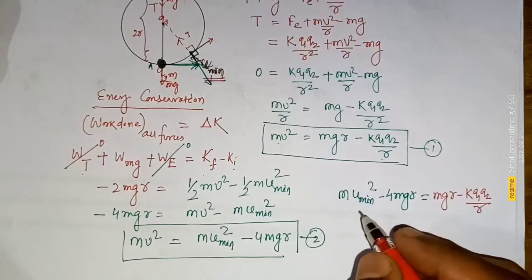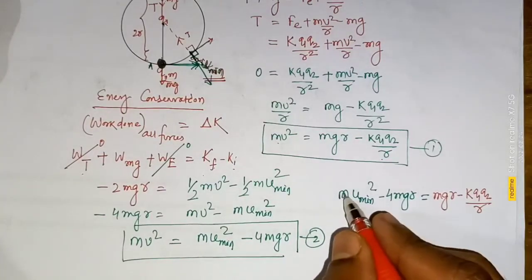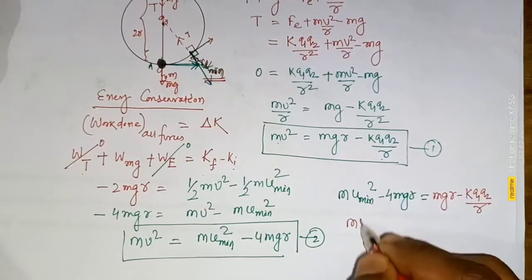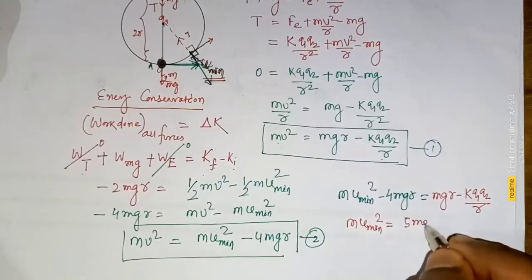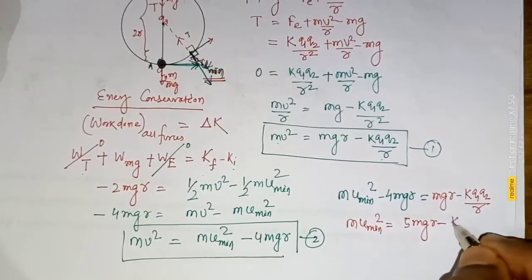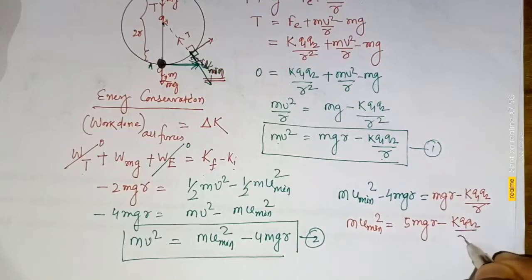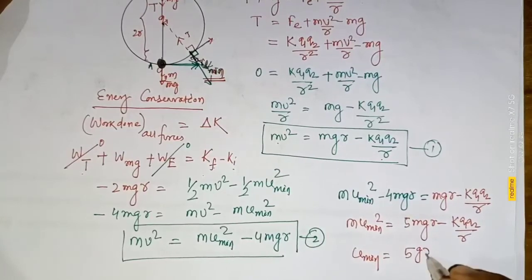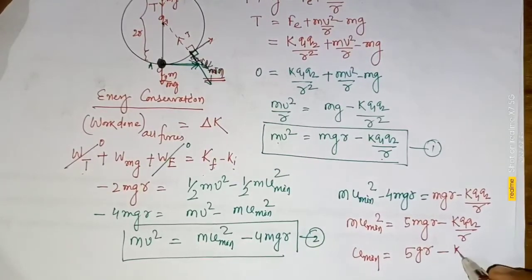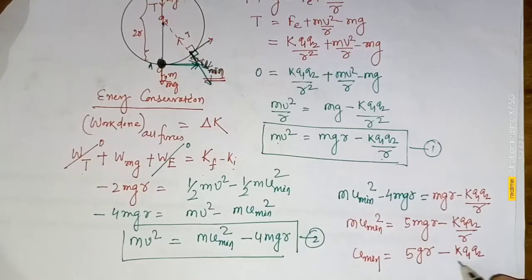Making this, m u minimum square equals 5mgr minus kq1q2 upon r. So u minimum equals root over 5gr minus kq1q2 upon mr.